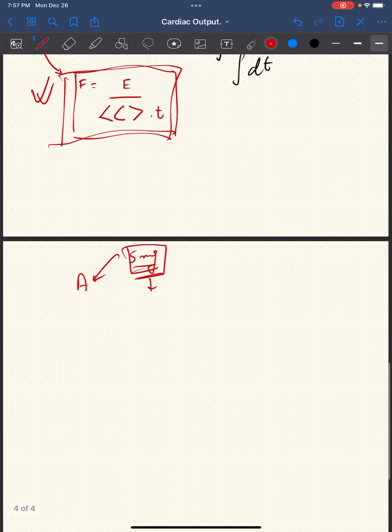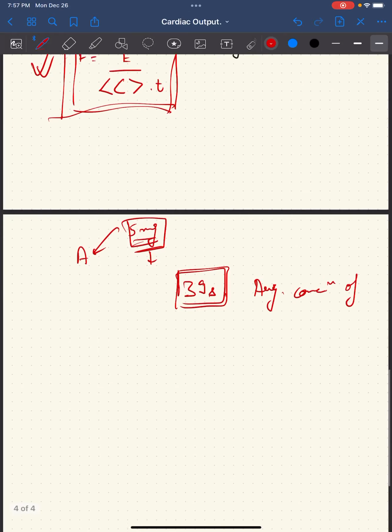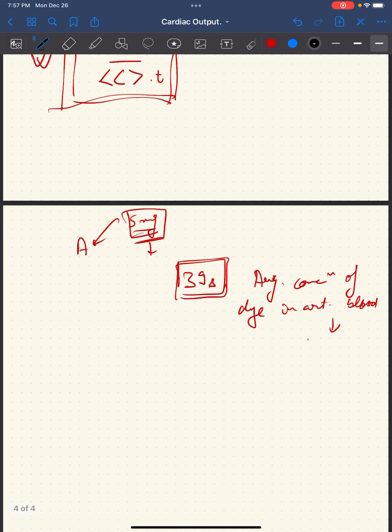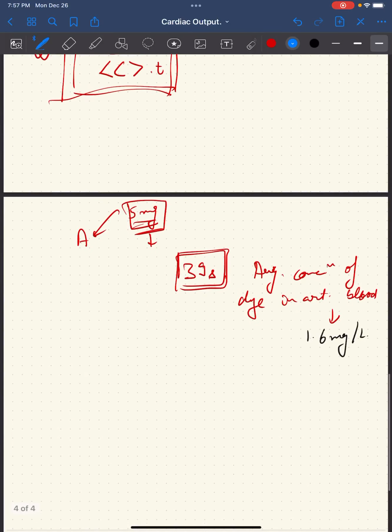After 39 seconds, the average concentration of dye in arterial blood is 1.6 milligram per liter. So what will be his cardiac output?